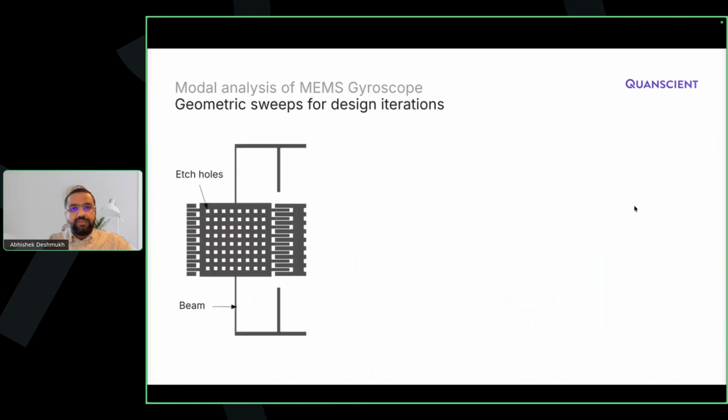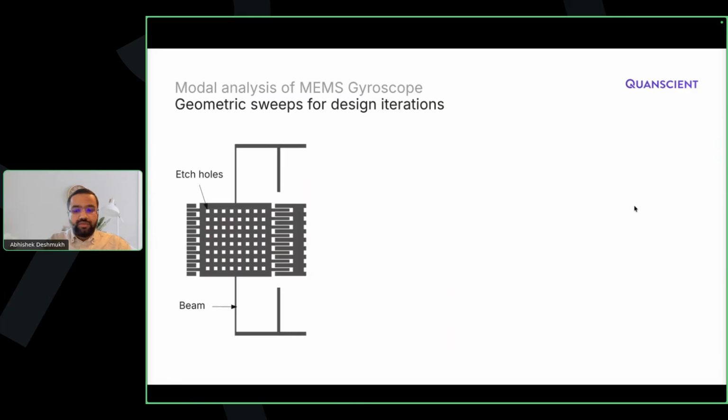And what's interesting is finding the right combination of frequencies for sense and drive modes, that's what we want to get to.